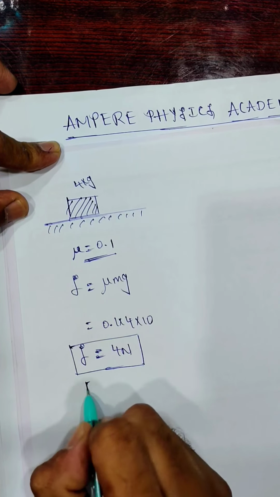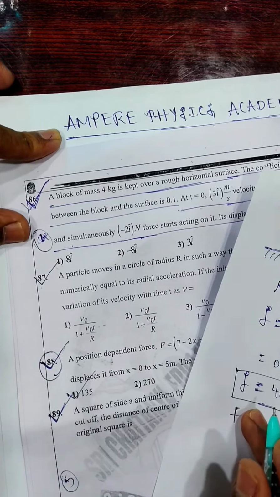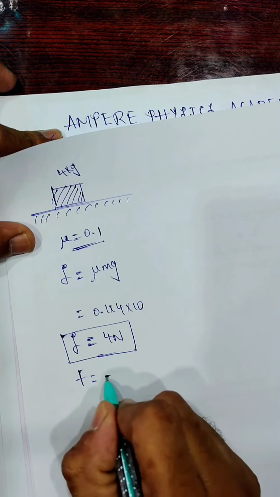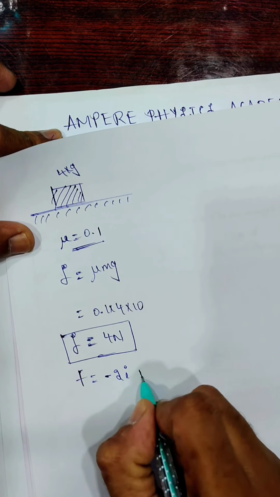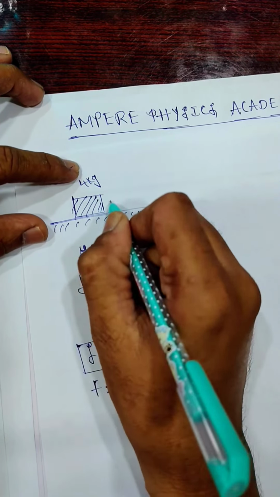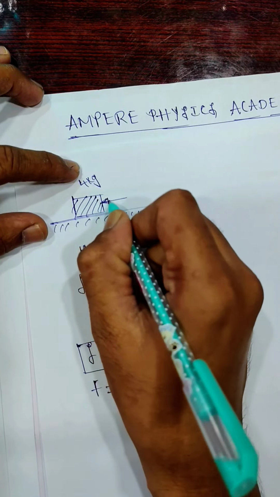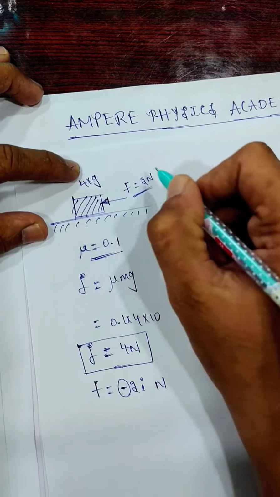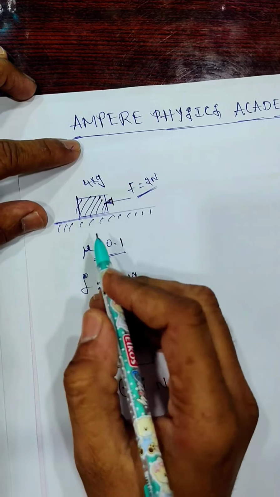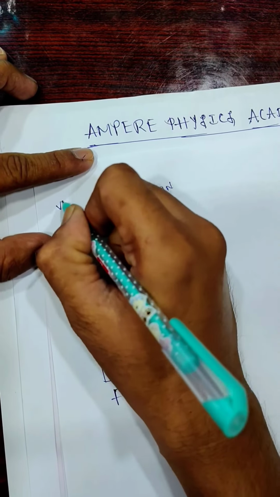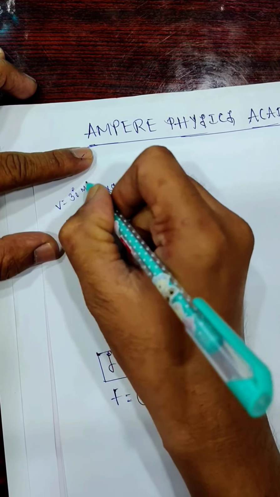Now another force, F equal to minus 2 newtons, is acting on the block. This minus sign represents the negative x direction. So a force of 2 newtons is applied on the block along the negative x direction, and this block is given an initial velocity of 3 meters per second.